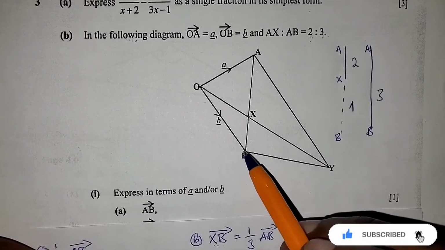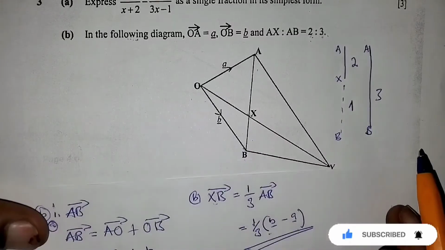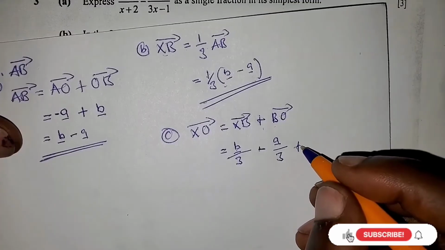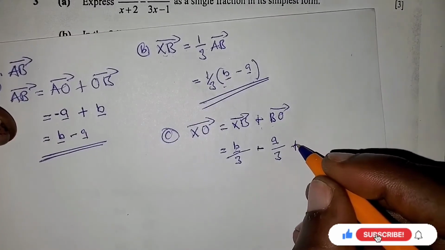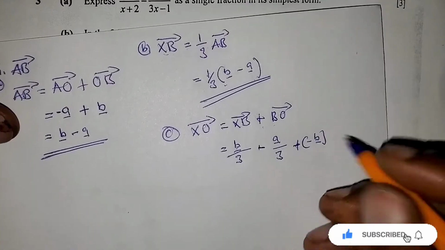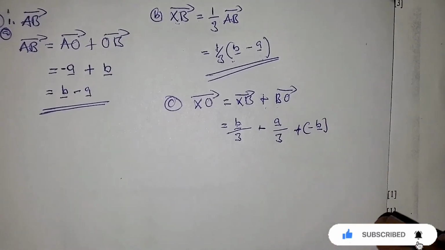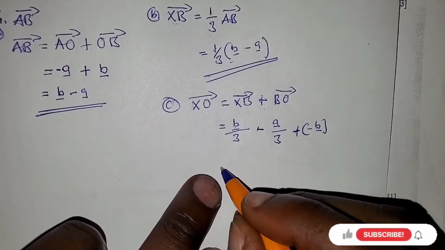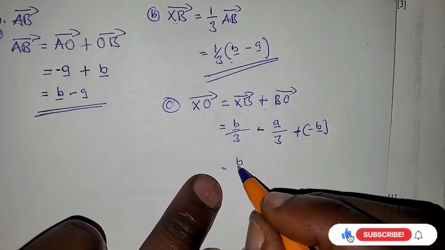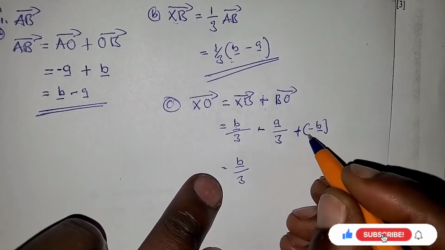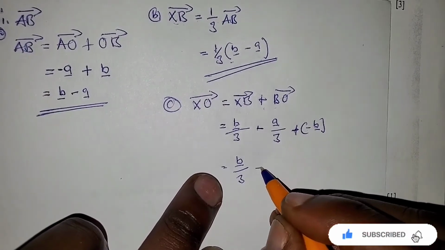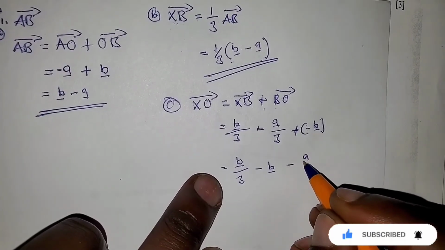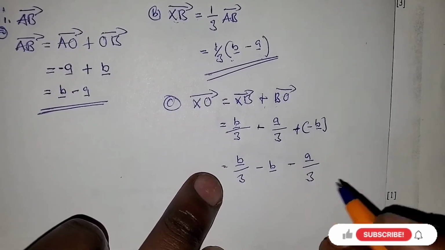BO is the opposite of this vector, so it's going to be negative B. So let me just write here negative B. Then, do you have like terms? Yes, we do. So we're going to say vector B over 3, and this is negative B, so vector B minus vector A here over 3.